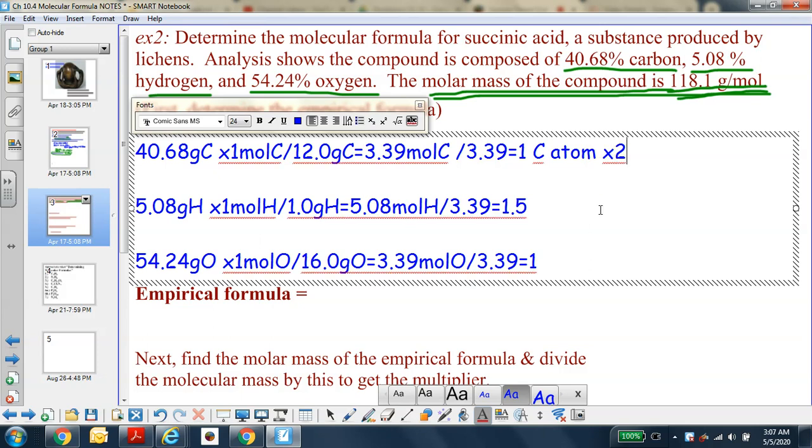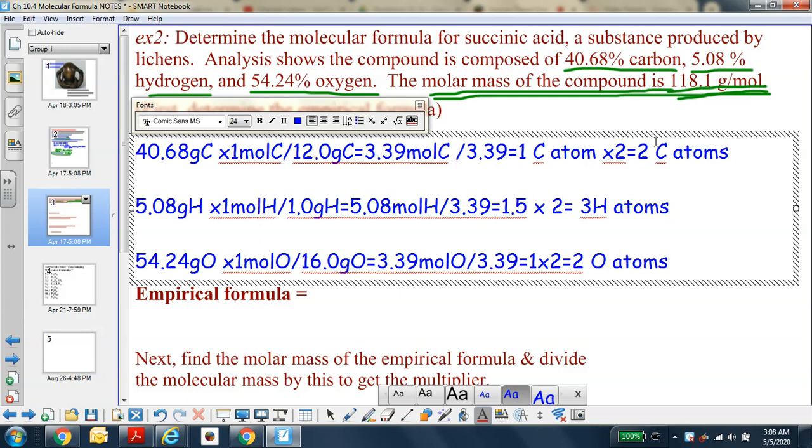Times 2 gives me 2 carbon atoms, times 2 gives me 3 hydrogen atoms, times 2 equals 2 oxygen atoms.